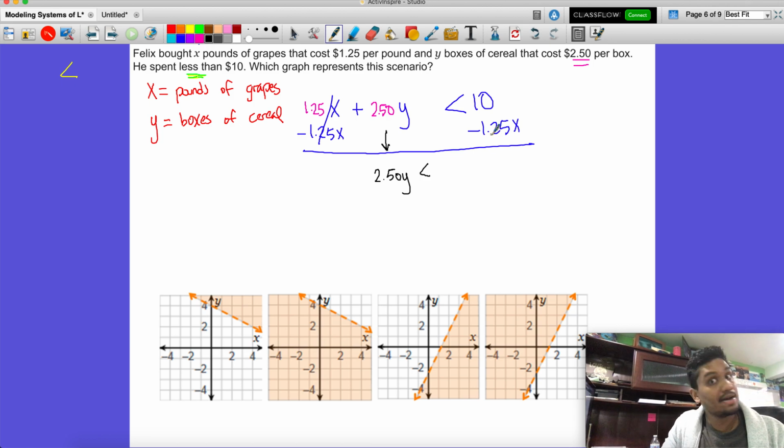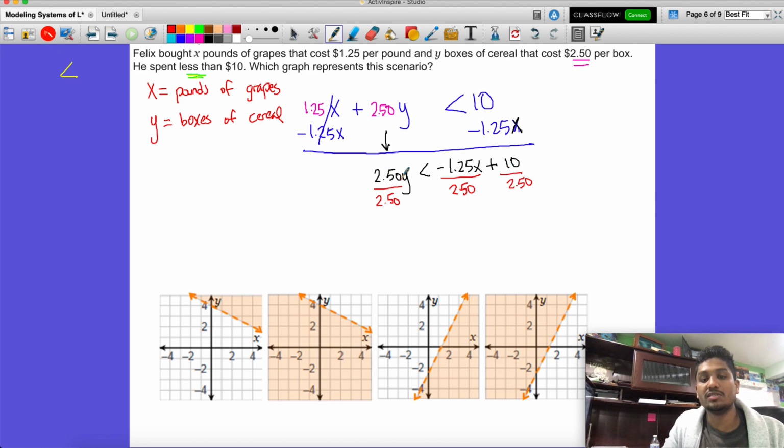This cannot be combined. Okay, this has an x. This does not have an x. So this is just going to be negative 1.25x. We always put this first, and then the constant, or just the number with no letter or variable. All right, and then to get the y by itself, divide each term by 2.50.